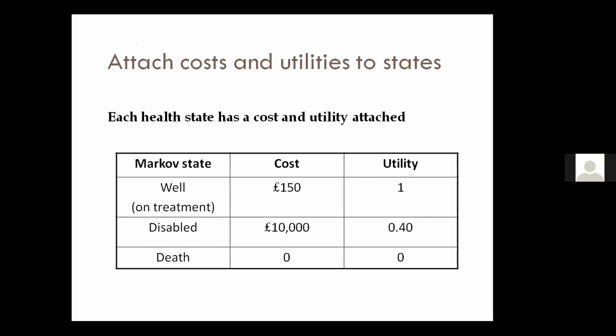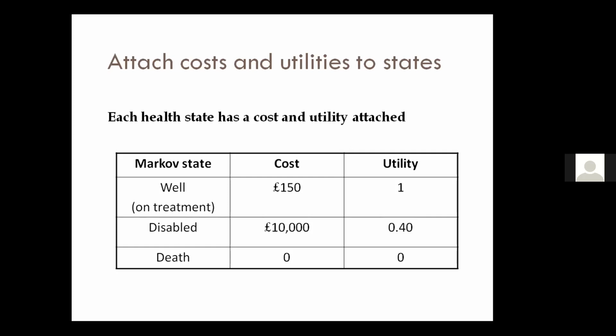For example, if you have three Markov states, one is well and on treatment, doing well in home isolation, say cost is $150 a year, and utility is 1, suppose. Then you are not in home isolation, you have a problem, you are hospitalized, you are disabled, or you will be in ICU, whatever, cost 10,000, and utility value drastically reduced to 0.4.